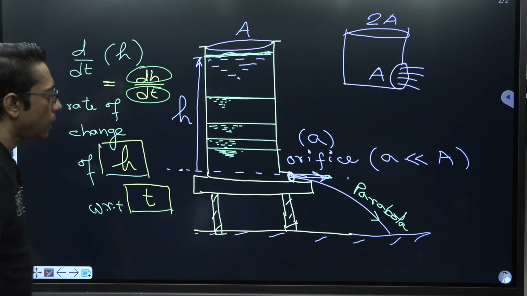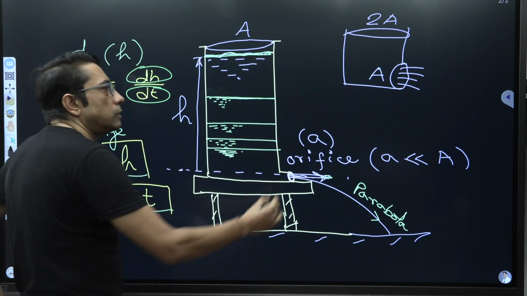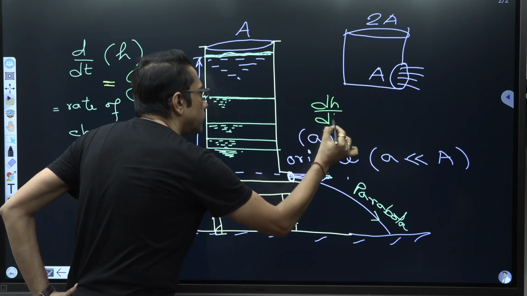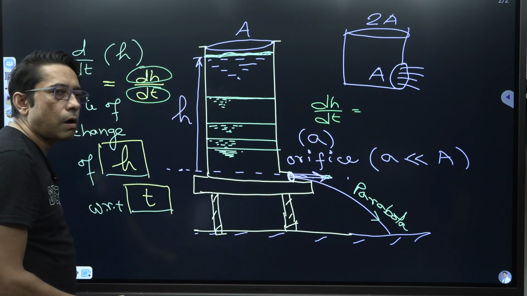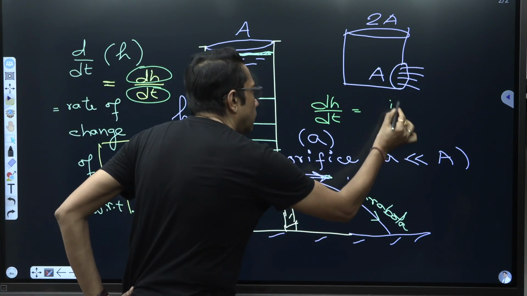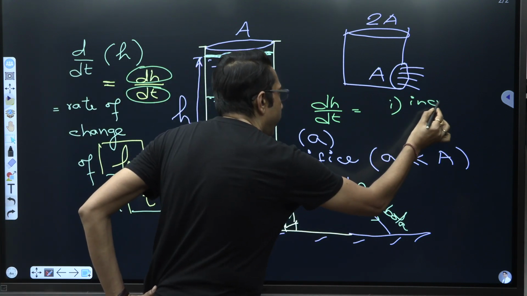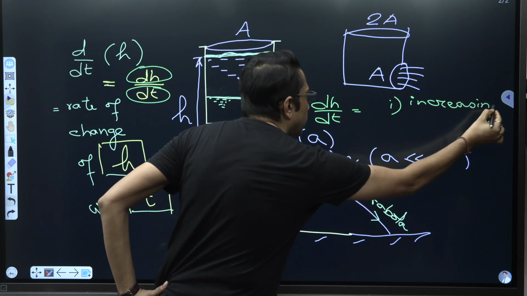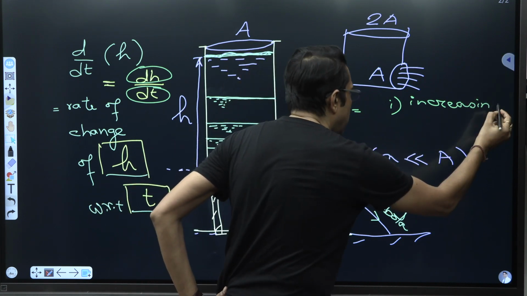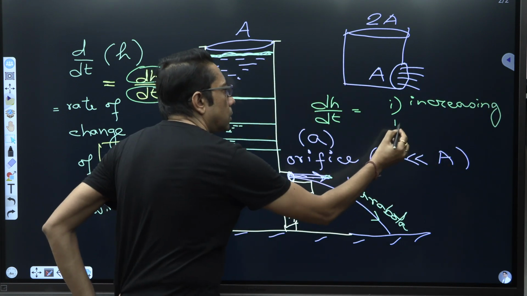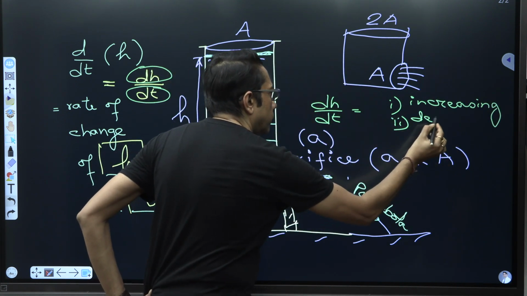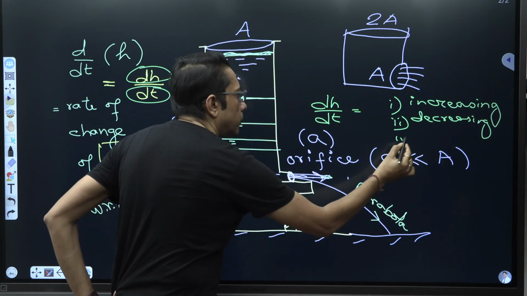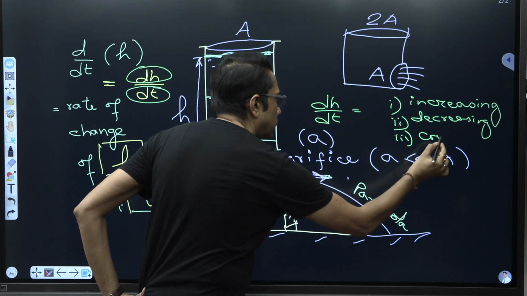Just one thing. What can you say about this picture? Rate of change of height with respect to time. Option 1. It is increasing. Option 2. It is decreasing. Option 3. It is constant.